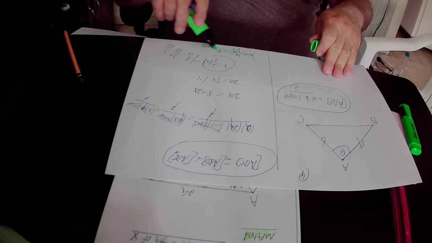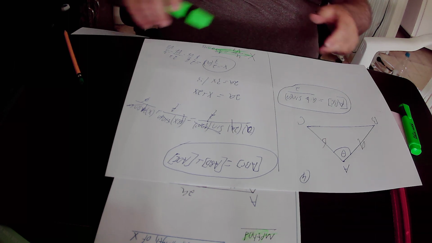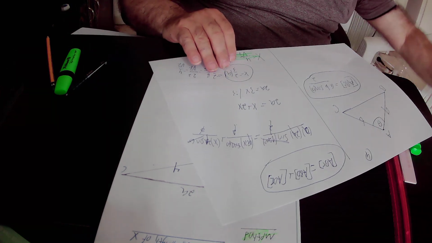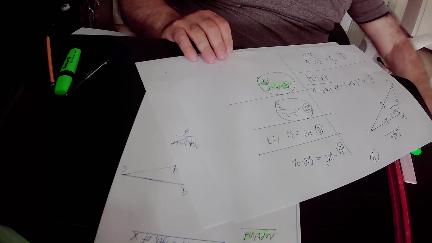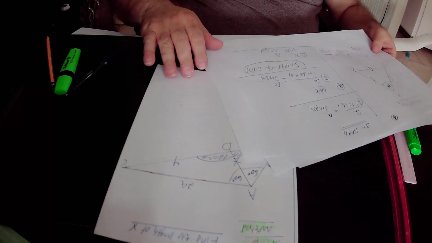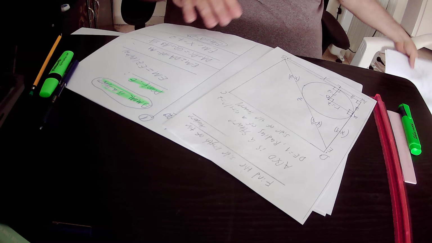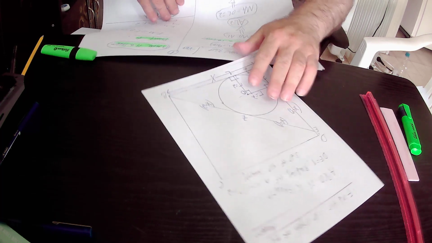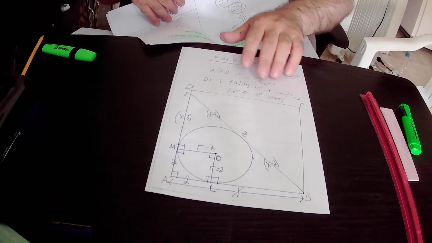We'll start with the first question. Here, in the first question, we have square ABCD.